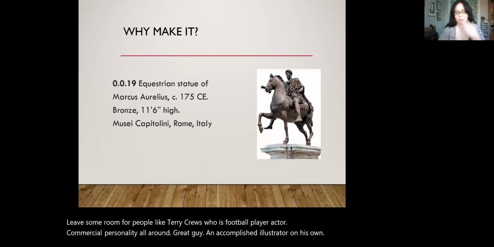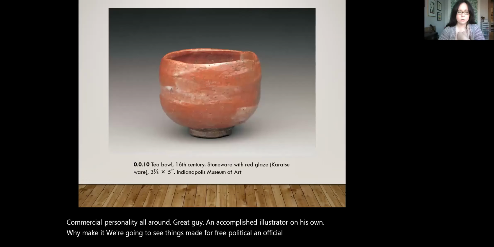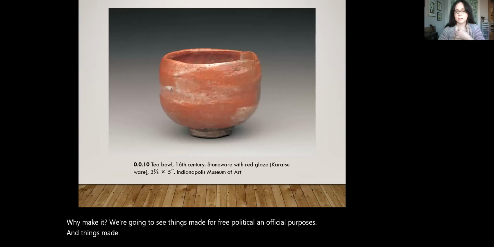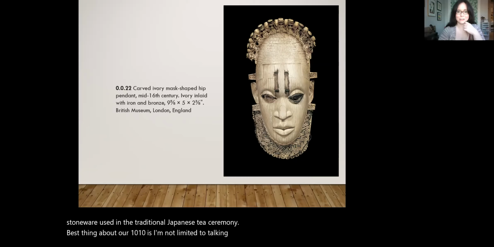Why make it? We're going to see things made for very political and official purposes, and things made for much more aesthetic and everyday domestic purposes, like this example of stoneware used in the traditional Japanese tea ceremony. The best thing about Art 1010 is I'm not limited to talking about the cultures in the textbook for art history.